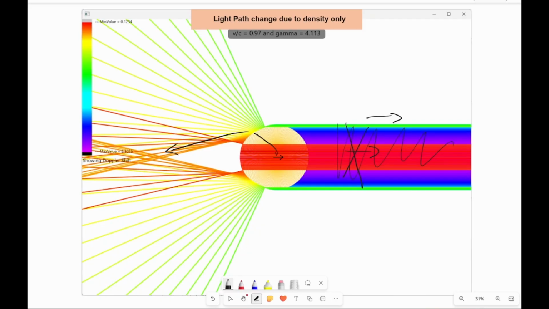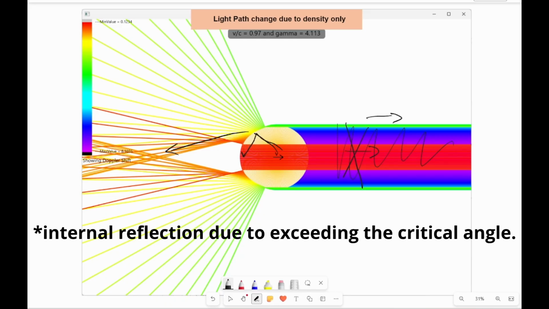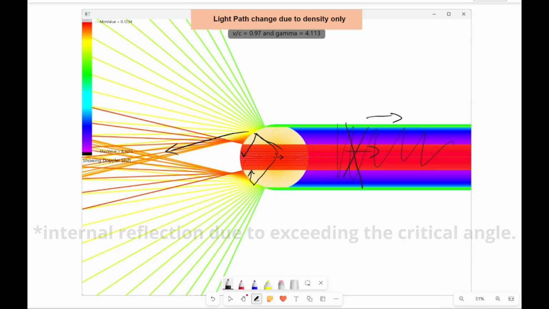And we also have a potential issue where light is going to start refracting, bouncing off the inside here if we go faster. So this gets very confusing very quick.